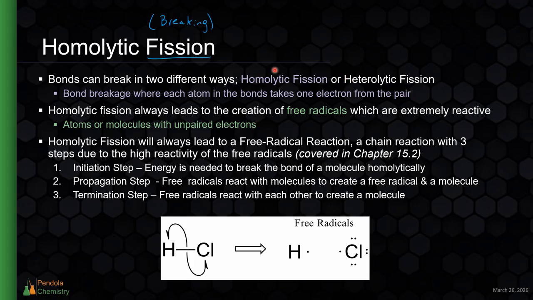Now, there are 2 types of ways in which a bond can be broken, either homolytic fission or heterolytic fission. So we'll start with homolytic fission and then move on to heterolytic fission in the next examples. What is homolytic fission? Well, the prefix homo means equal or same. Lytic, on the other hand, means breaking or lysis.